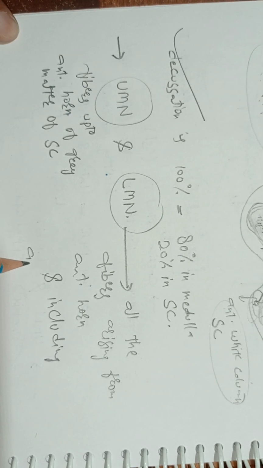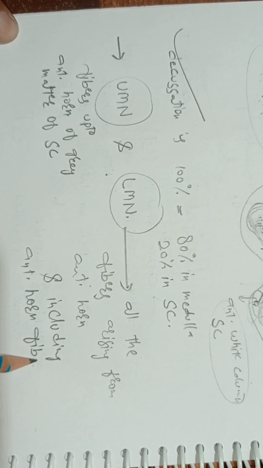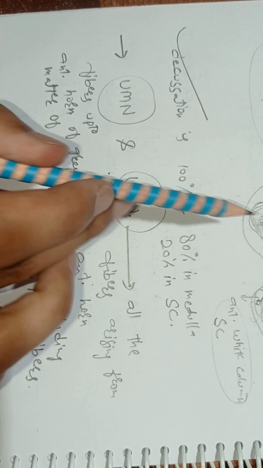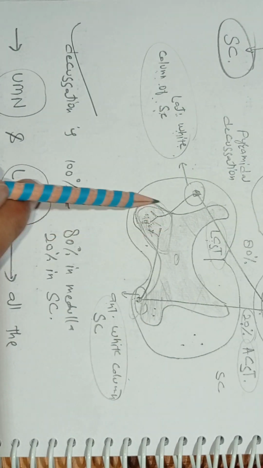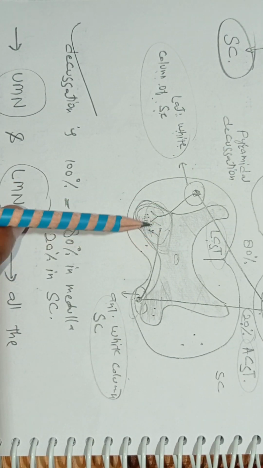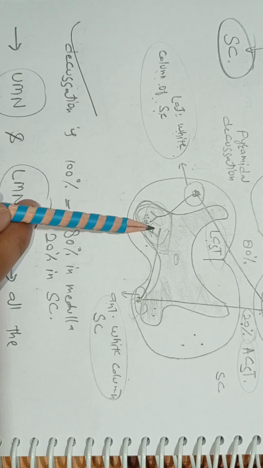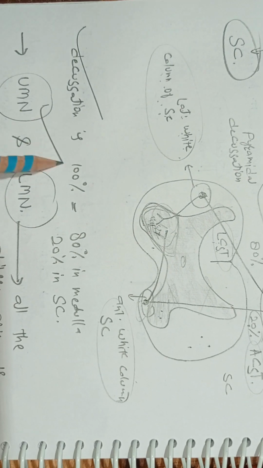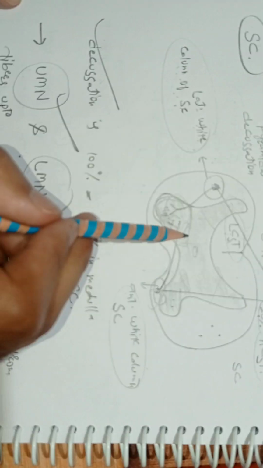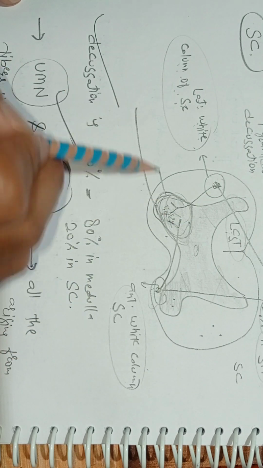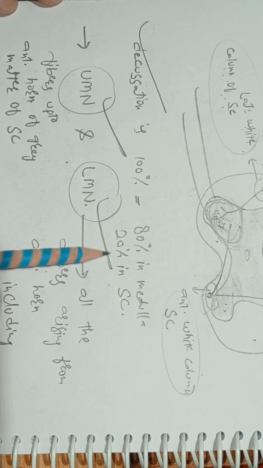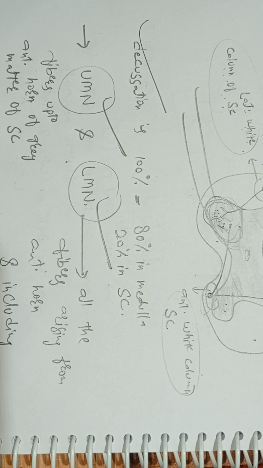So up to the anterior horn, all the fibers from the cortex go to the anterior horn. Those fibers up to the anterior horn form the upper motor neurons, and the anterior horn and the fibers coming out of it are called the lower motor neuron. Clearly, so far is clear.